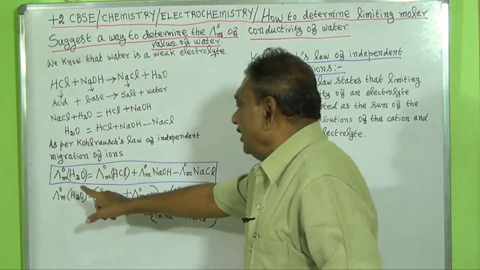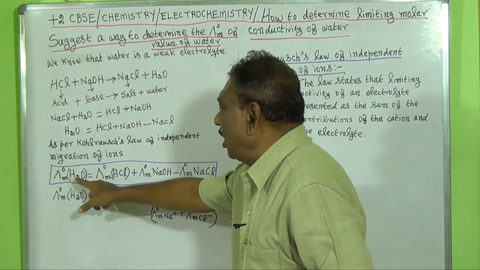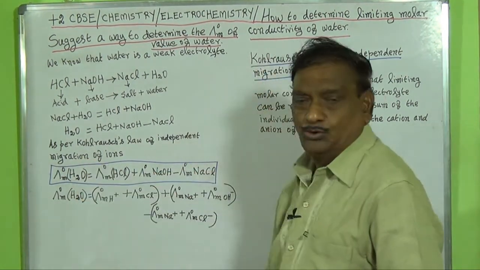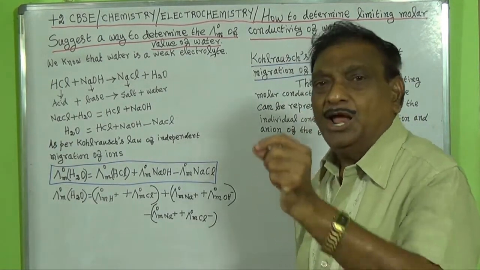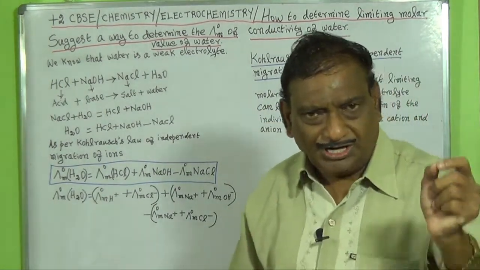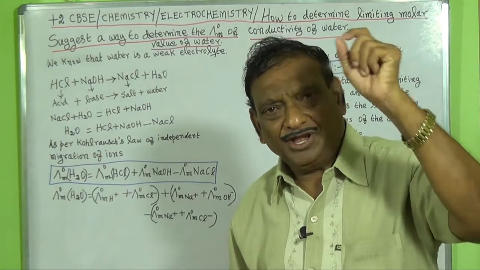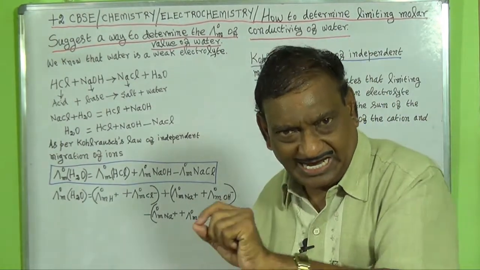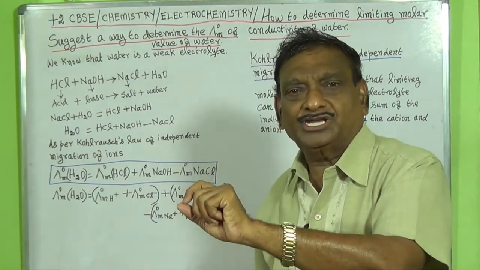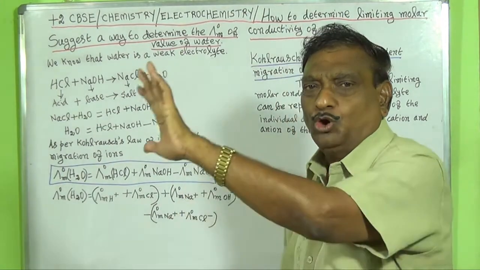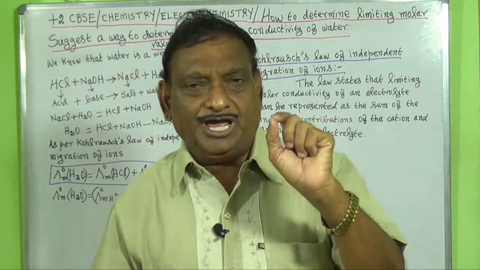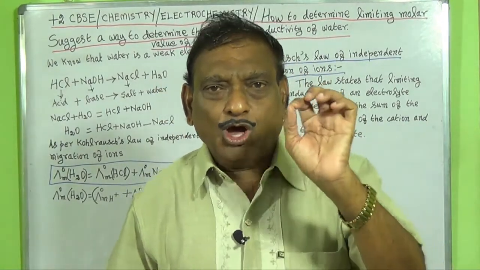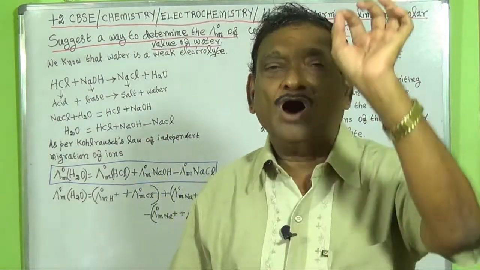That is, limiting molar conductivity of water equals limiting molar conductivity of HCl plus limiting molar conductivity of sodium hydroxide minus the limiting molar conductivity of sodium chloride. This is the way to determine the limiting molar conductivity value of water.